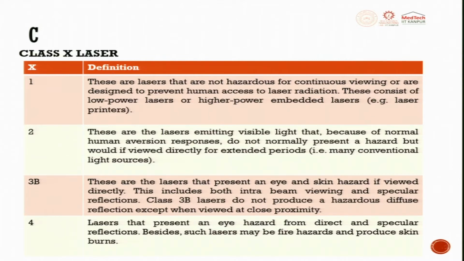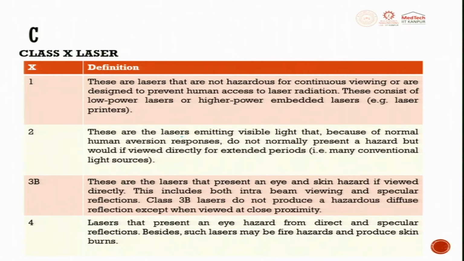Class 1 lasers are non-hazardous for continuous viewing or are designed to prevent human access to laser radiation. These consist of low power lasers or high power embedded lasers, for example laser printers. So, all these use class 1 lasers, which are very safe.